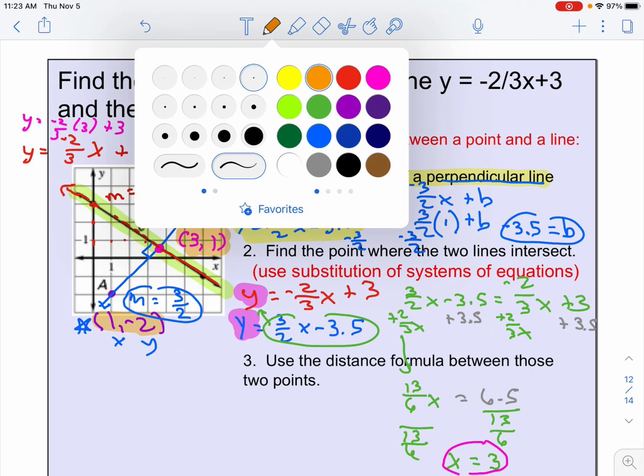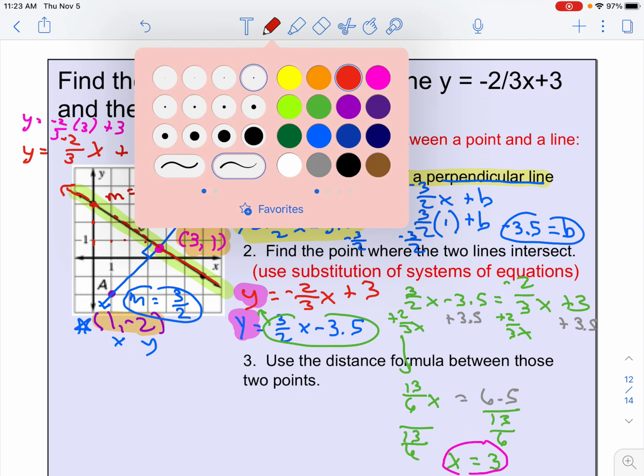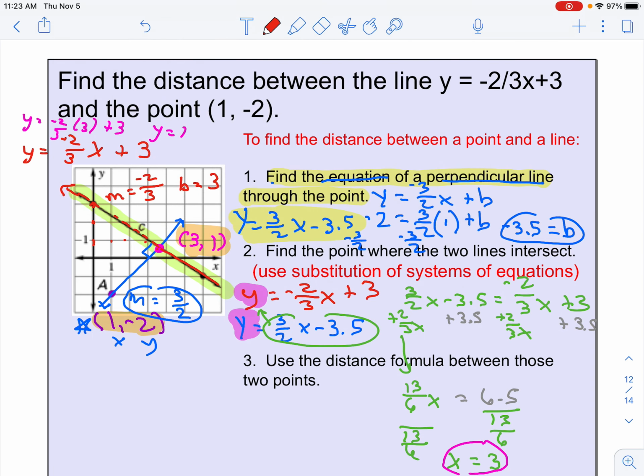So you can go ahead and try that distance formula on your own. But what you should get when you find this distance is that the distance between those two points is approximately 3.6 units. Now, if you're like, what? You can go back and I'll show you what you would plug in, and then you can see if you can simplify it.